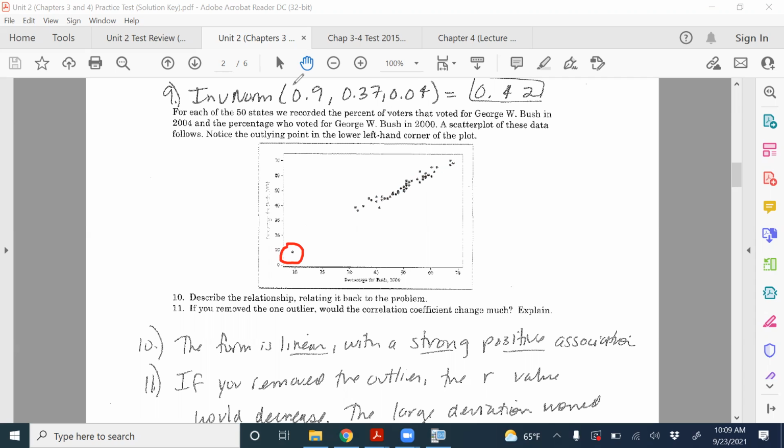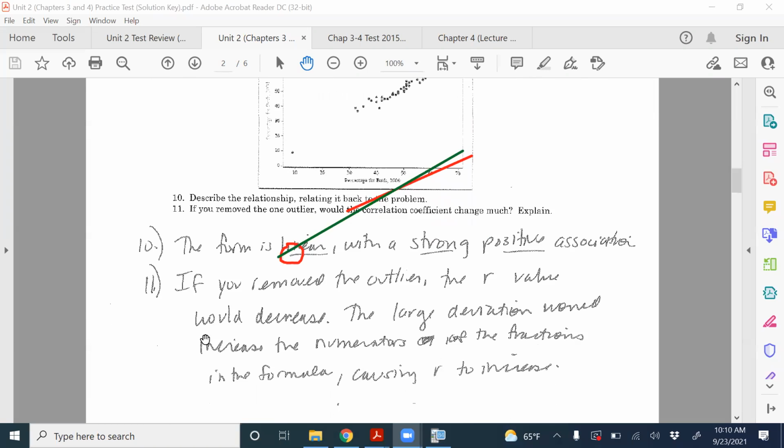If I just focus on this data, you have this, but if I try to include that outlier, it's probably more like that. So when you don't include the outlier, it becomes less steep. That's what I would anticipate.